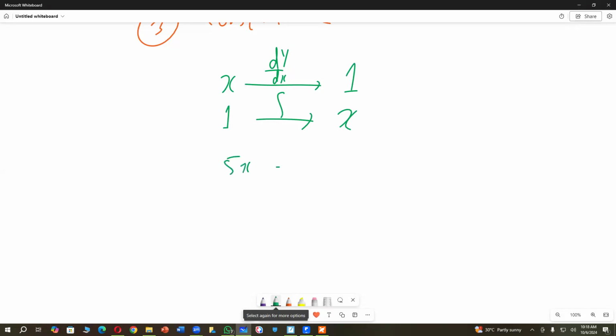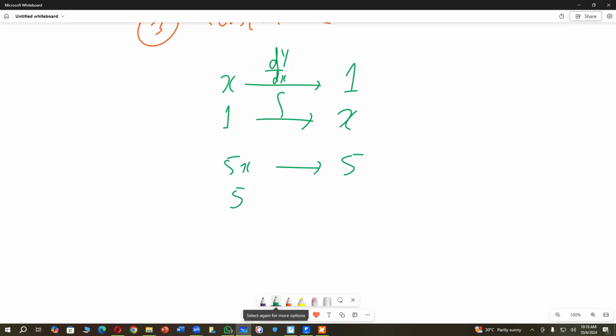Now, if we go forward and recall the differentiation of x, when you differentiate x, you get 1. As a rule, when you integrate 1, you should be getting x, because integration is the reverse of differentiation. So it means that a number like 1 will turn back to x. So if it is 5x, it will differentiate to become 5.